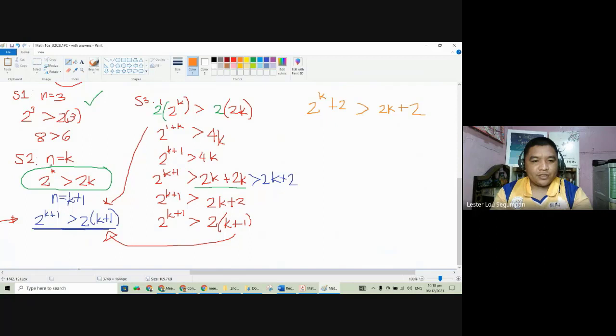From this expression, we just simply added 2 on both sides, plus 2 here and plus 2 here on this side. The purpose for this is that we could use the factoring on this side, and you will have this expression 2 to the power of k plus 2 is greater than 2 times the quantity k plus 1.